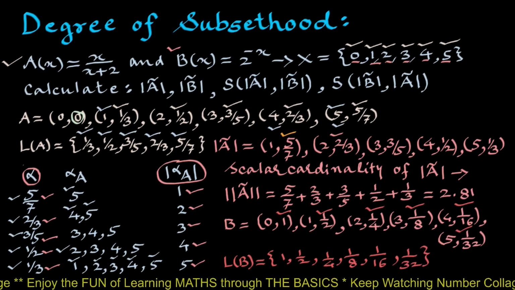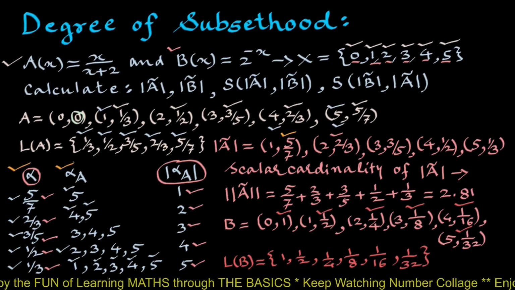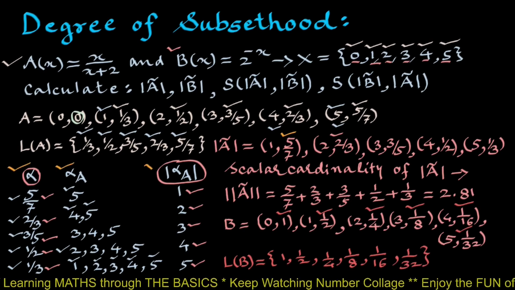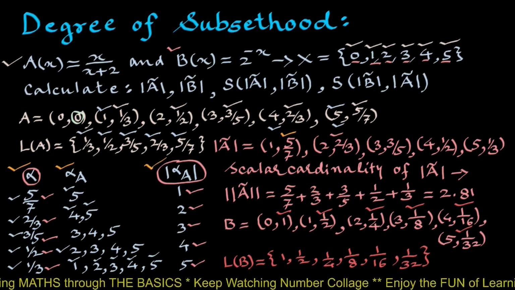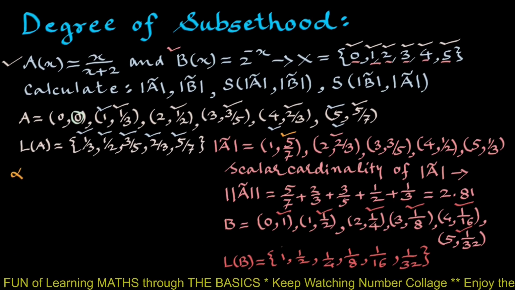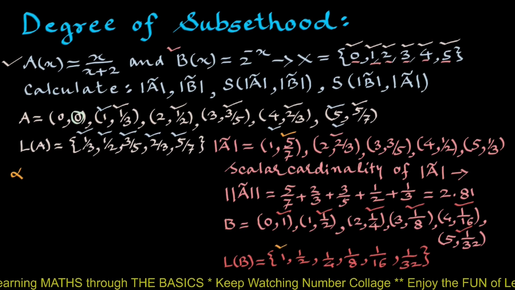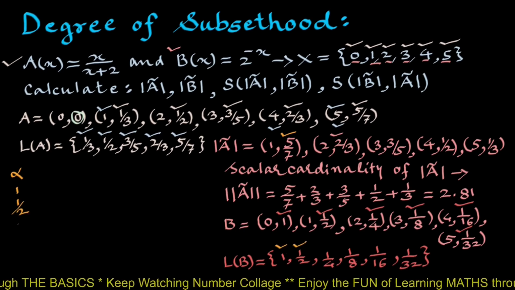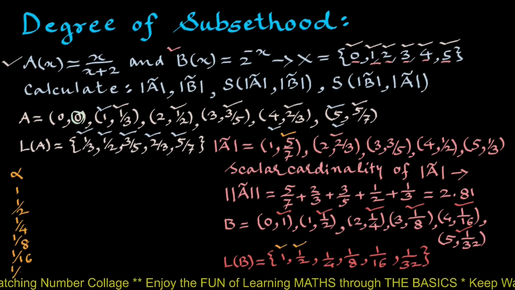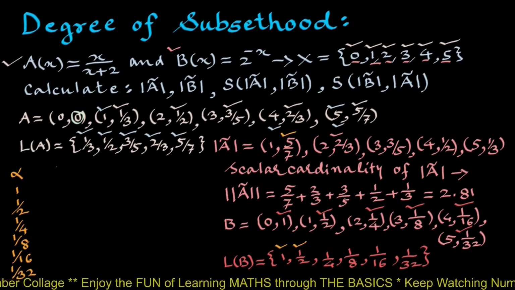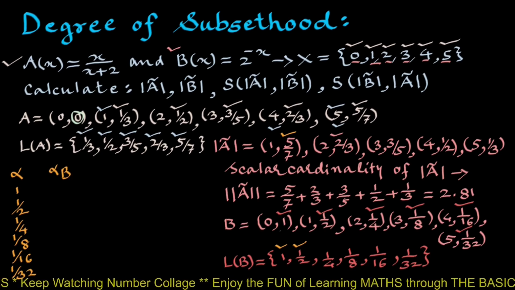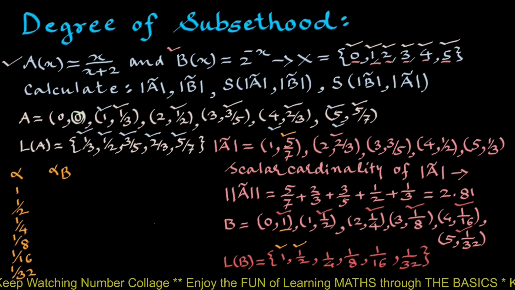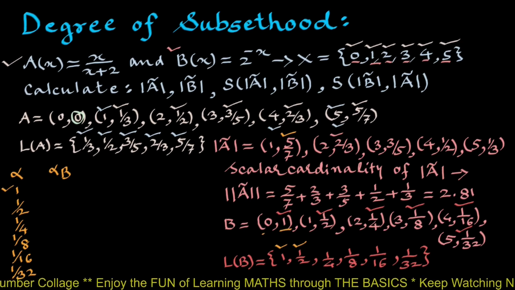Now we will prepare table for alpha, alpha cut B, and scalar cardinality of alpha cut B. First column alpha, in decreasing order it will be this 1, then half, etc., and 1 upon 32. Next column is alpha cut B corresponding to alpha equals 1. We have alpha cut B 0.